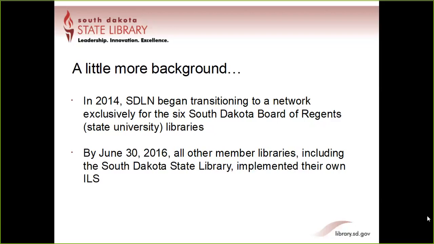All of the members, including the state library, had to have implemented their own ILS. Some of the member libraries got together and created a consortium. We have a consortium of libraries using Koha here in the Black Hills.